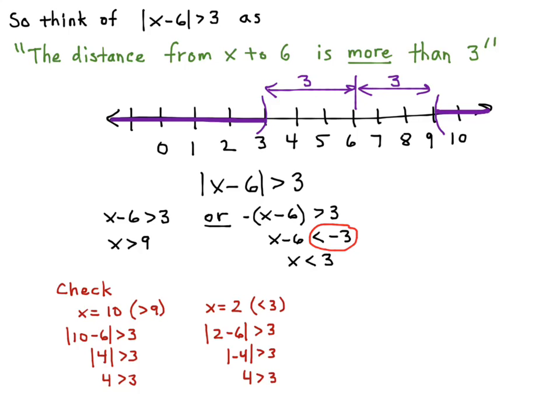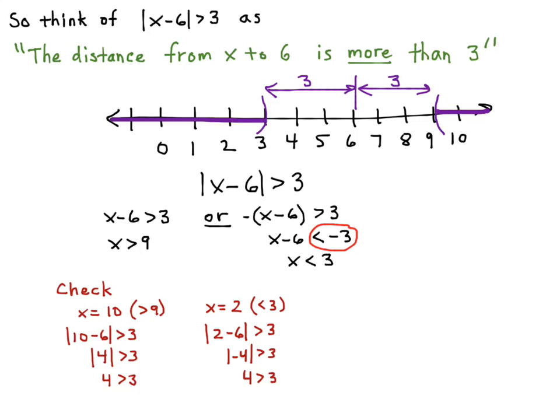But let's just take an easy number to check. So 10 is clearly greater than 9. So let's say x equals 10, I put that in my original equation, and I get 4 is greater than 3. That's true, so I know that I'm fine. Now what it's not telling me is whether I calculated the 9 right, but what it's telling me is that that part of the interval is right.